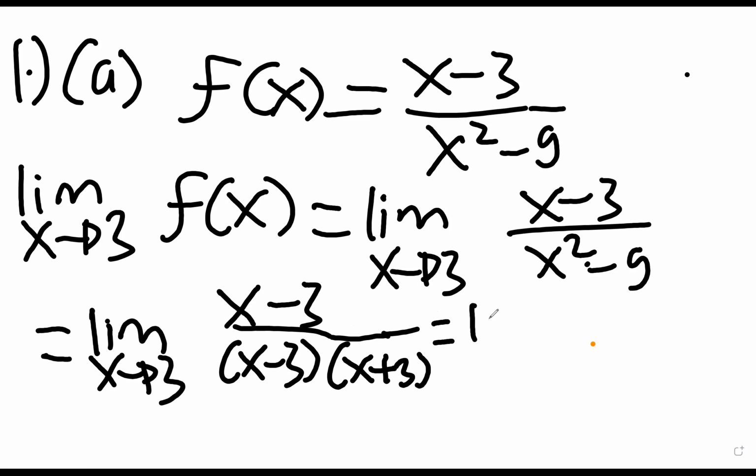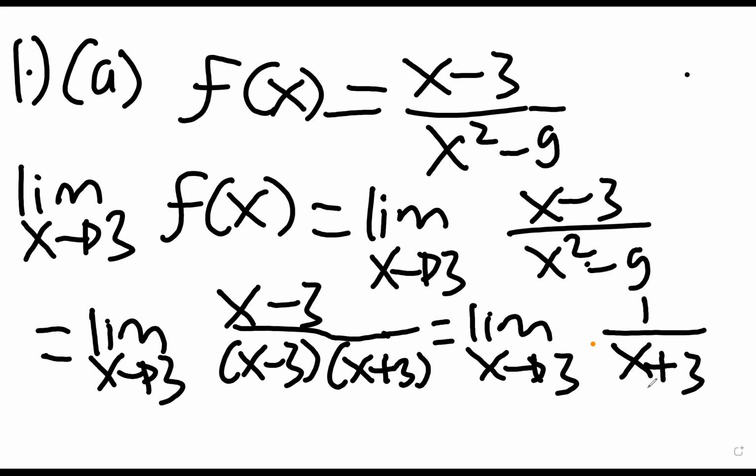So finally, I will have limit x tends to 3 of 1 over x plus 3. By the limit theorem, when x is approaching 3, then x plus 3 is approaching 6. So in the end, I have 1 over 6.